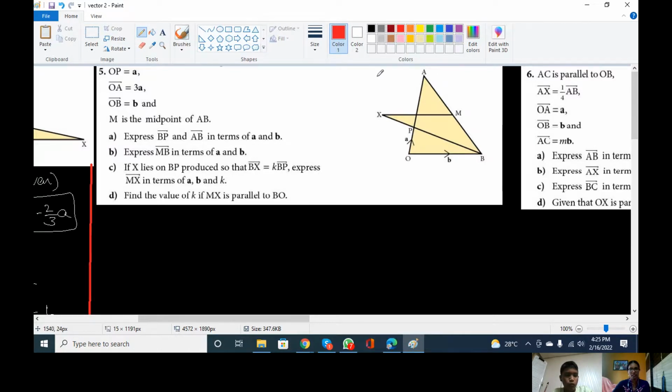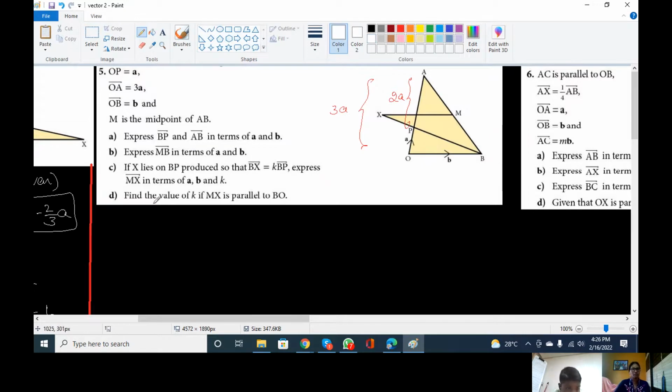Total is 3A. So only this part P to A is 2A. Next, OB is equal to B, given. M is the midpoint of AB. Okay. Express BP and AB in terms of A and B.